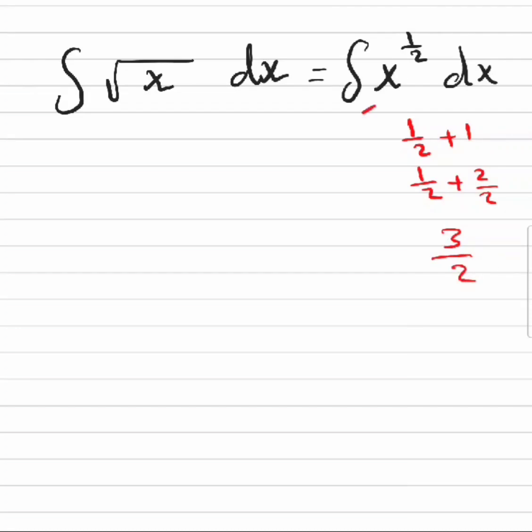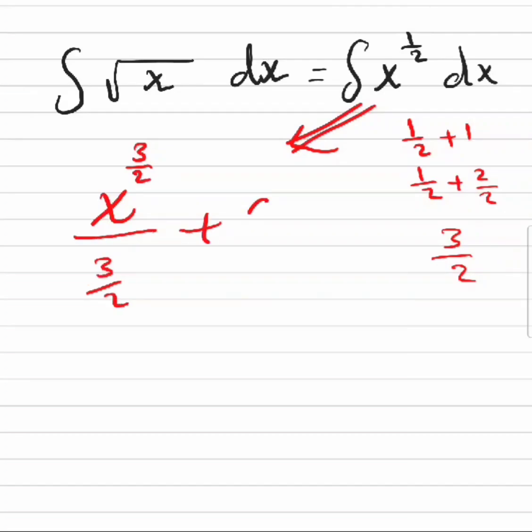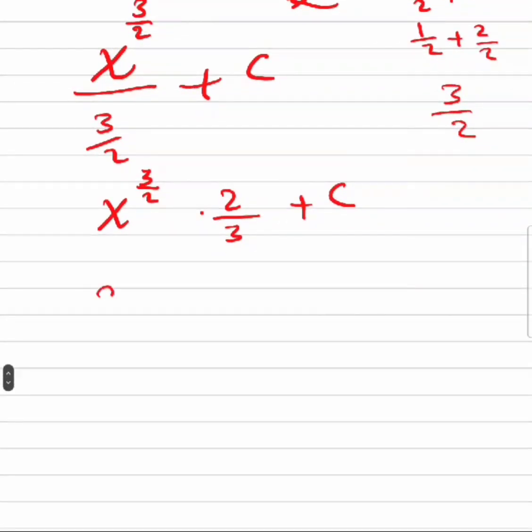So this is going to be x to the 3/2. And instead of dividing it by 3/2, you can multiply by the reciprocal, which is 2/3. So you can write the final answer as 2/3 square root x cubed plus c.